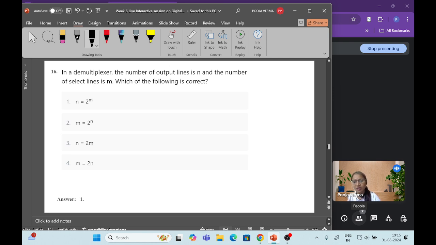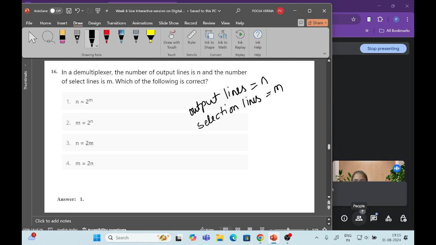So the next question is, in a demultiplexer, the number of output lines is n and the number of selection lines is m. Which of the following is correct?